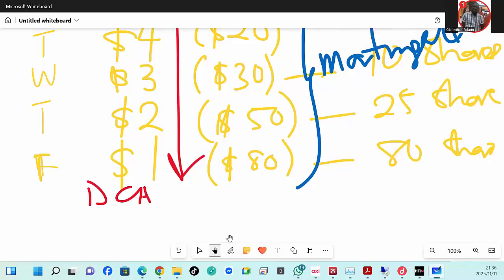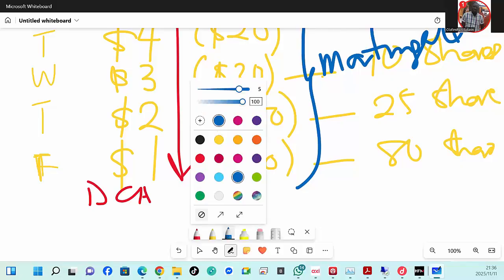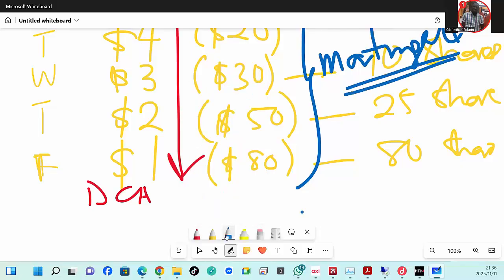Martingale is the name of a person who came up with this formula. If you go to Google after the class, you will see he's a mathematician. I forgot the other name, but it's called martingale. This strategy is what people hate most in forex trading, but they will tell you it's the highest risk strategy in forex.